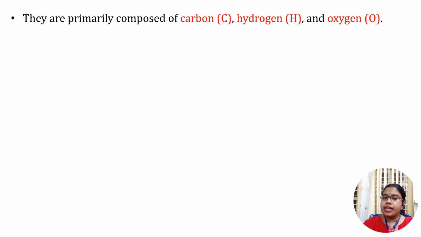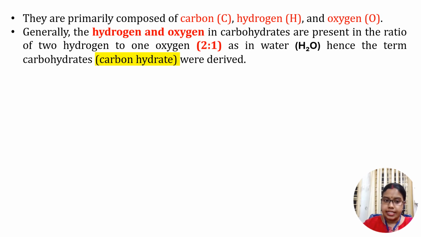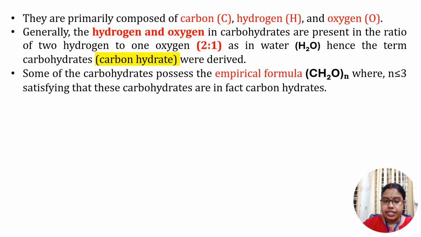They are primarily composed of carbon, hydrogen and oxygen. And the most important thing is that in carbohydrates, the hydrogen to oxygen ratio is 2:1 as in water, H2O. Hence the carbohydrate is known as a carbohydrate.